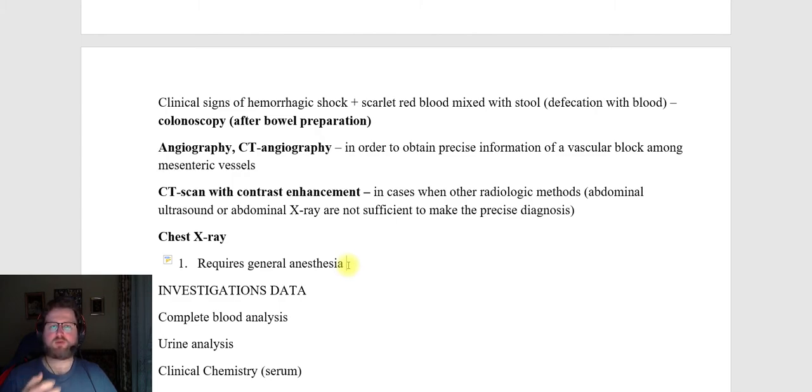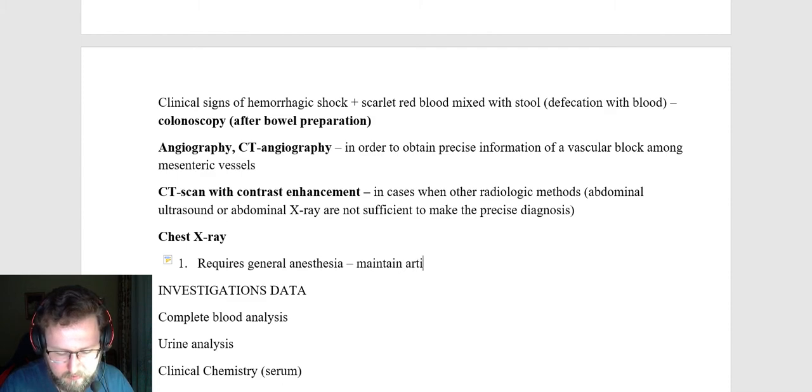This is very important to maintain his artificial lung ventilation during surgery.